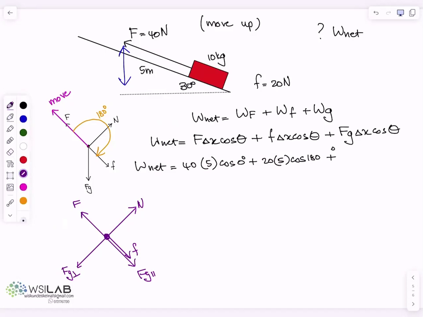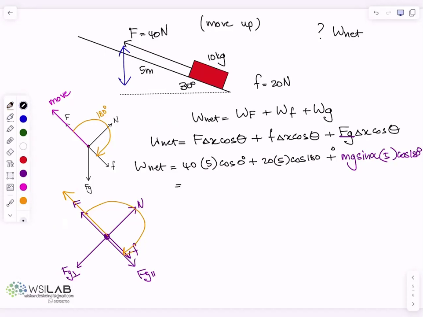I'm going to write this in purple, which means mg sin alpha. That's Fg parallel. And then that distance is going to be 5 meters, cos 180. Look, this is the direction of movement, and then that Fg parallel is 180 to that.